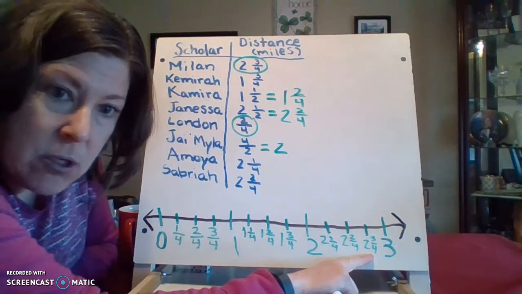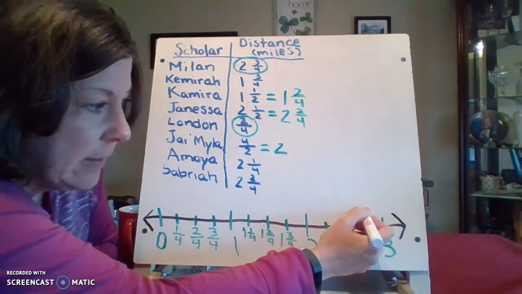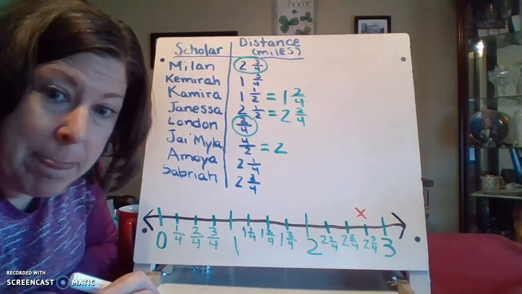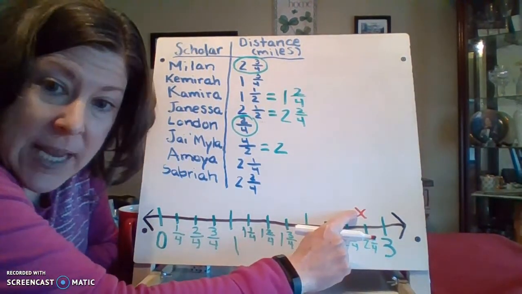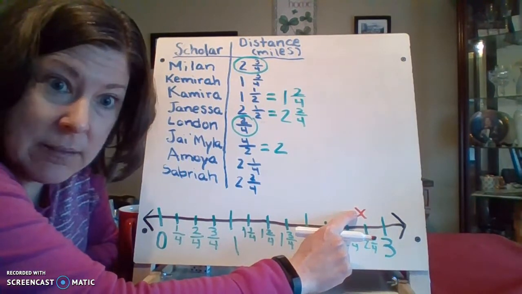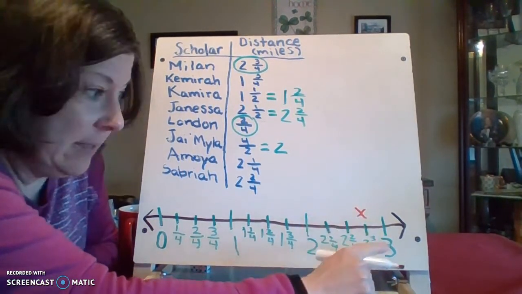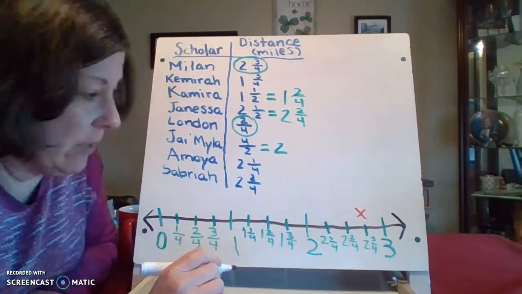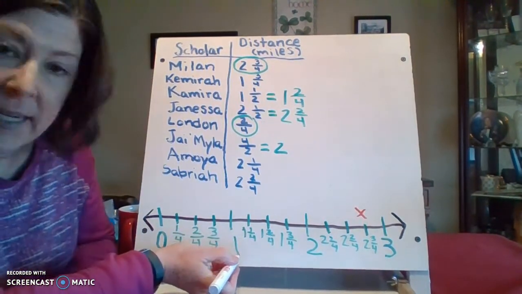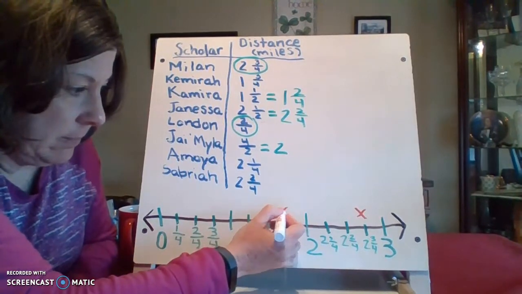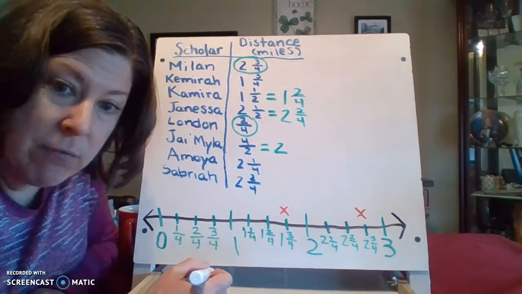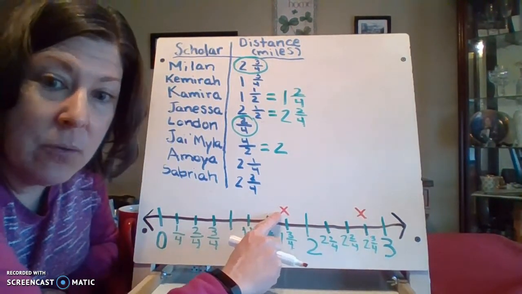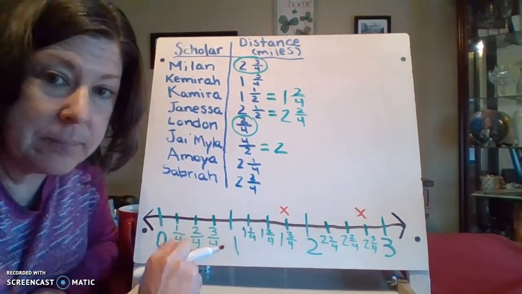It's all the way at the end here, and I represent it with an X. That represents a scholar, and that scholar ran 2 and 3/4. My next one is 1 and 3/4. That represents another scholar, and that scholar ran 1 and 3/4.